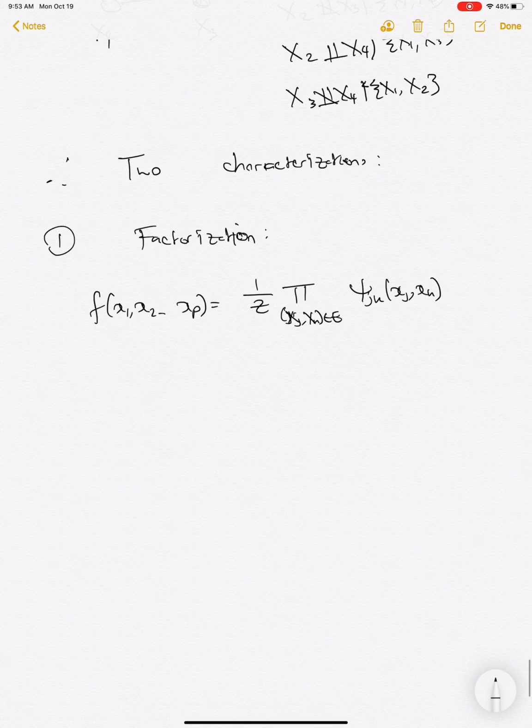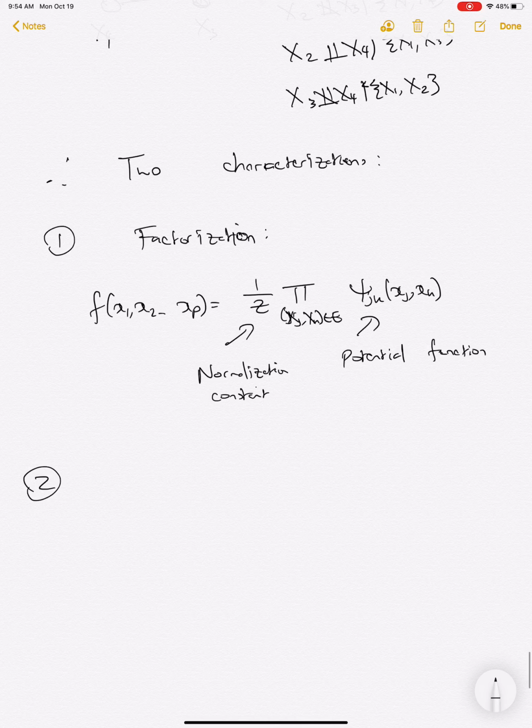So this is like the potential function. It's not as clean as the case of DAGs because you can't just build them up through conditional independences. And then this is the normalization.